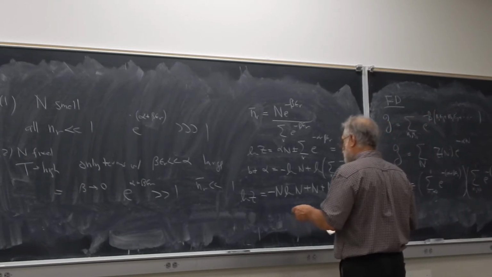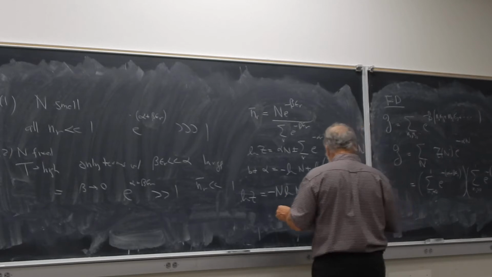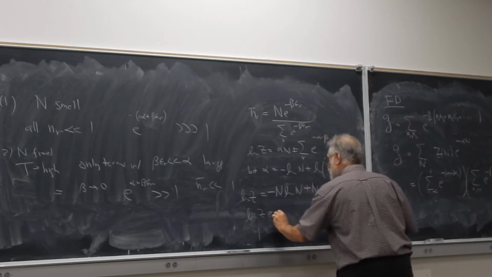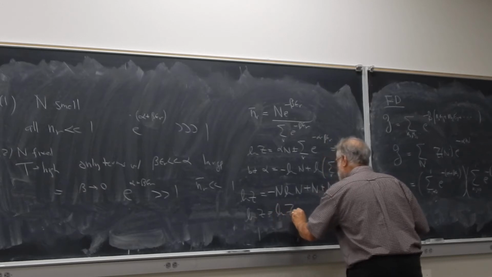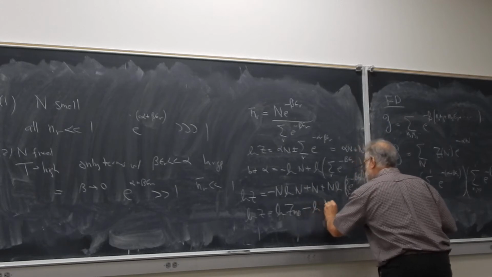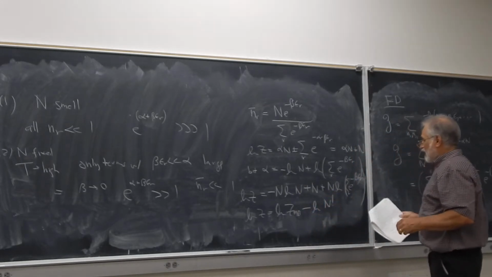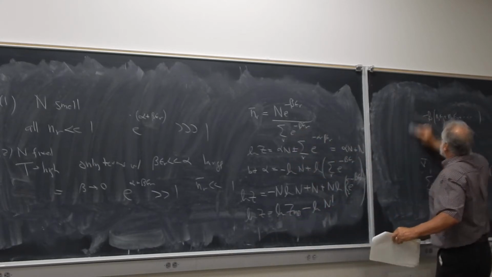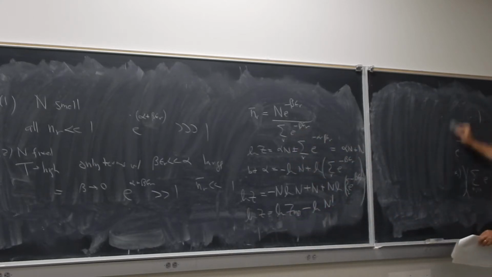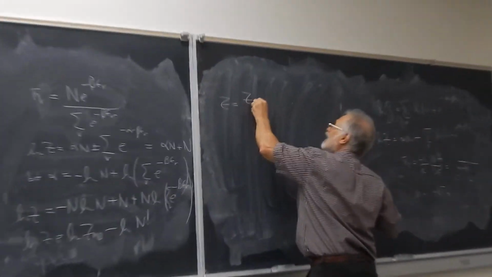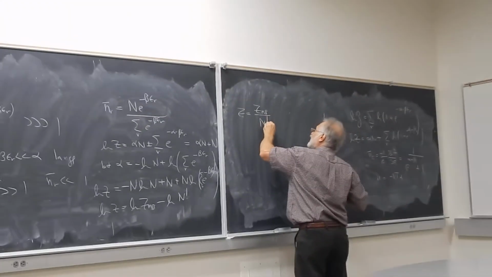But note, I can write log z as log of z from the Maxwell-Boltzmann, and this is Stirling's approximation for the log of n factorial. That is to say, and here's the punchline, z is equal to our old Maxwell-Boltzmann z divided by n factorial.